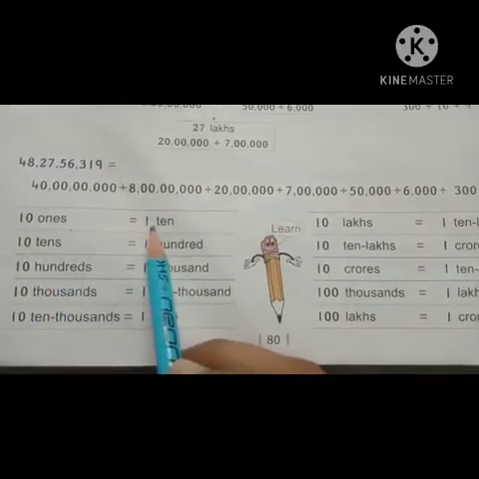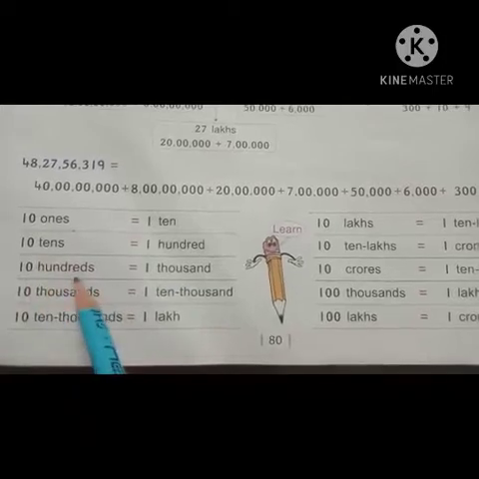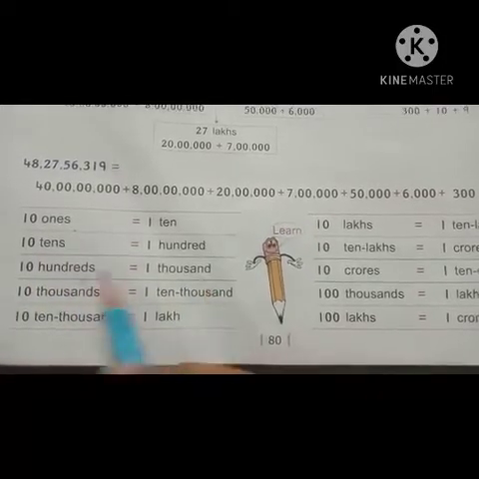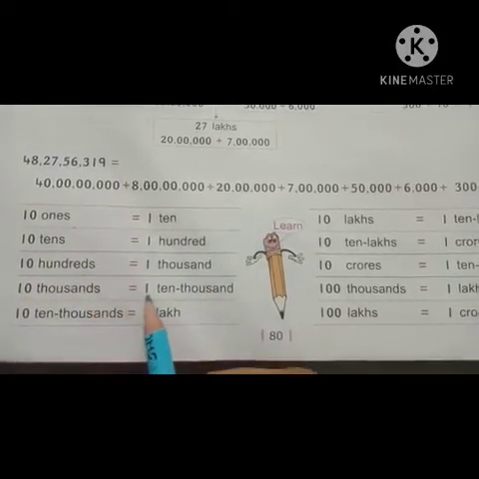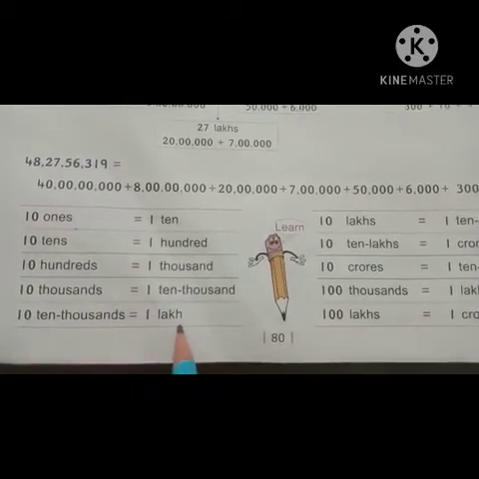10 ones equals 10. 10 tens equals 100. 10 hundreds equals 1000. 10 thousands equals 10,000. 10 ten thousands equals 1 lakh.